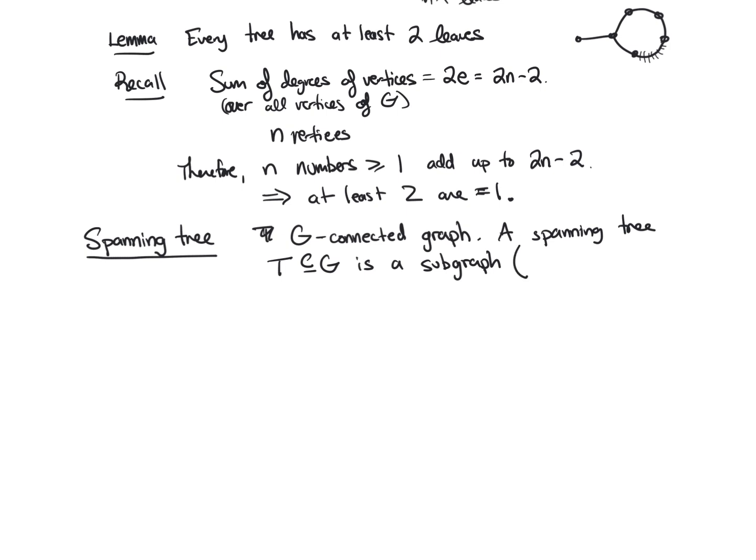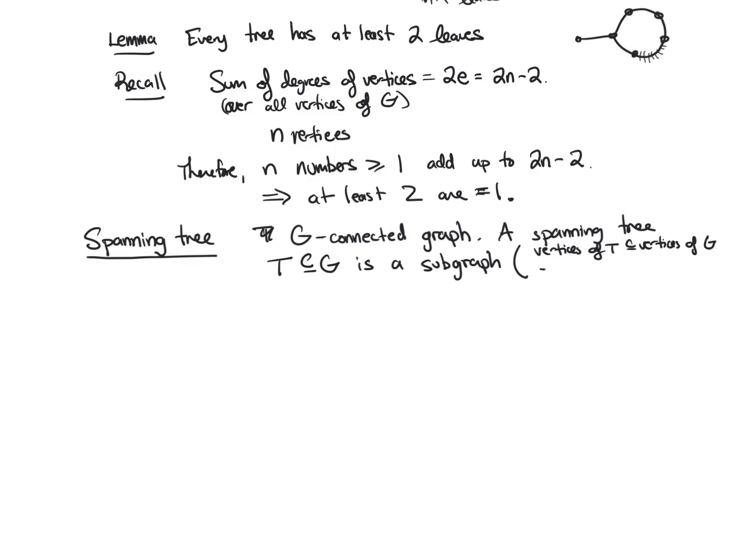which I don't know if I formally said this on Tuesday. A subgraph just means that the vertices of T are contained in the vertices of G. That might not be all of them.